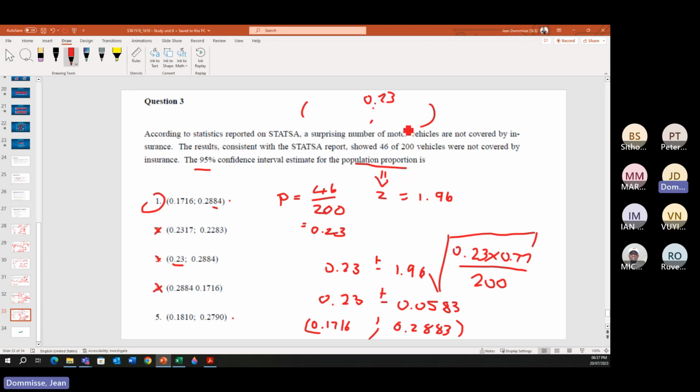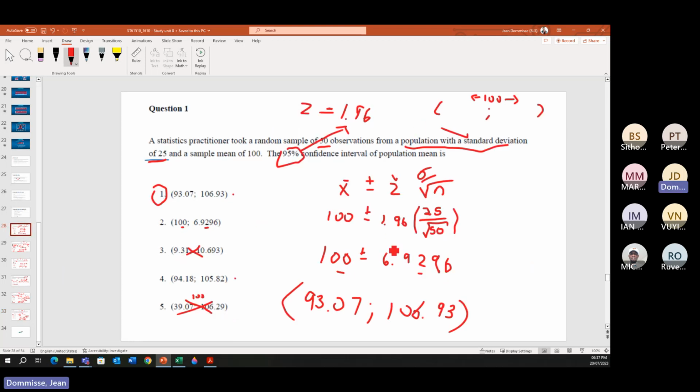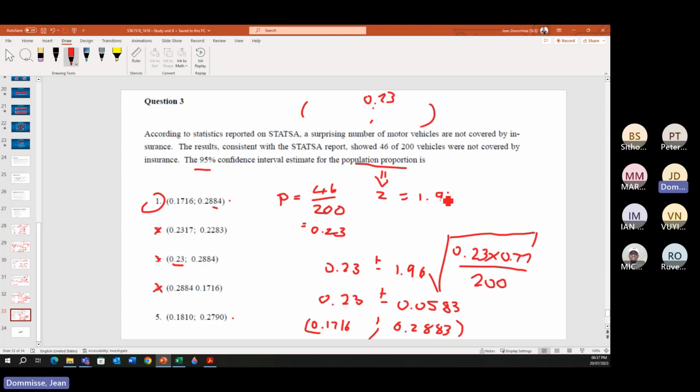Okay, but again, firstly, identify it's a population proportion. Proportion, we always work with a Z. 95%, 1.96. And then because of a proportion part, just remember that the margin of error is a bit different than the margin of error when we're working with the standard mean that we work with.